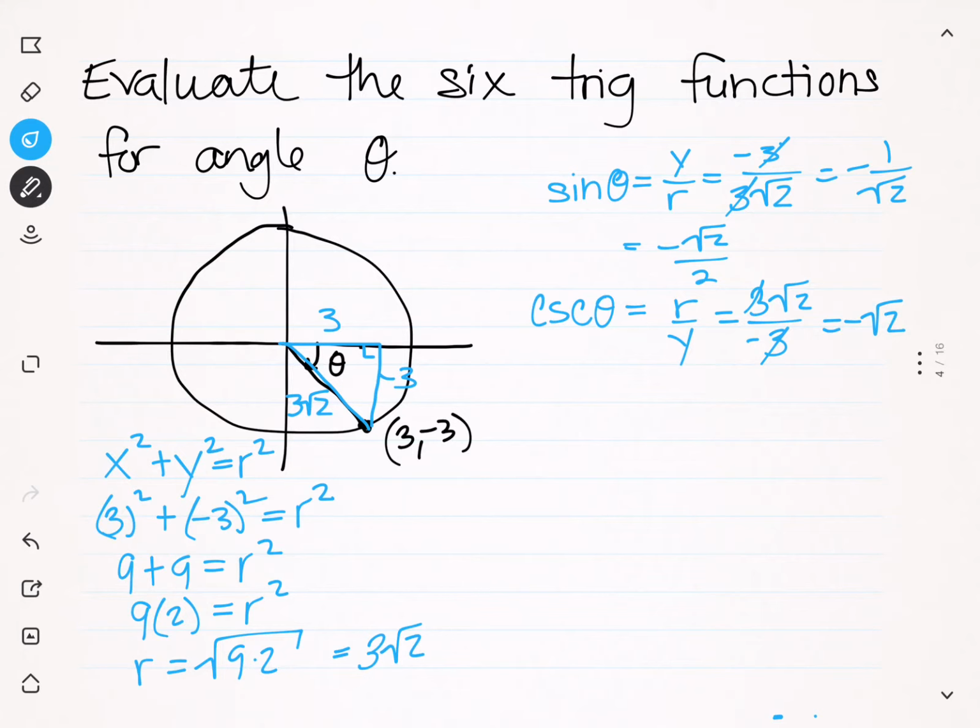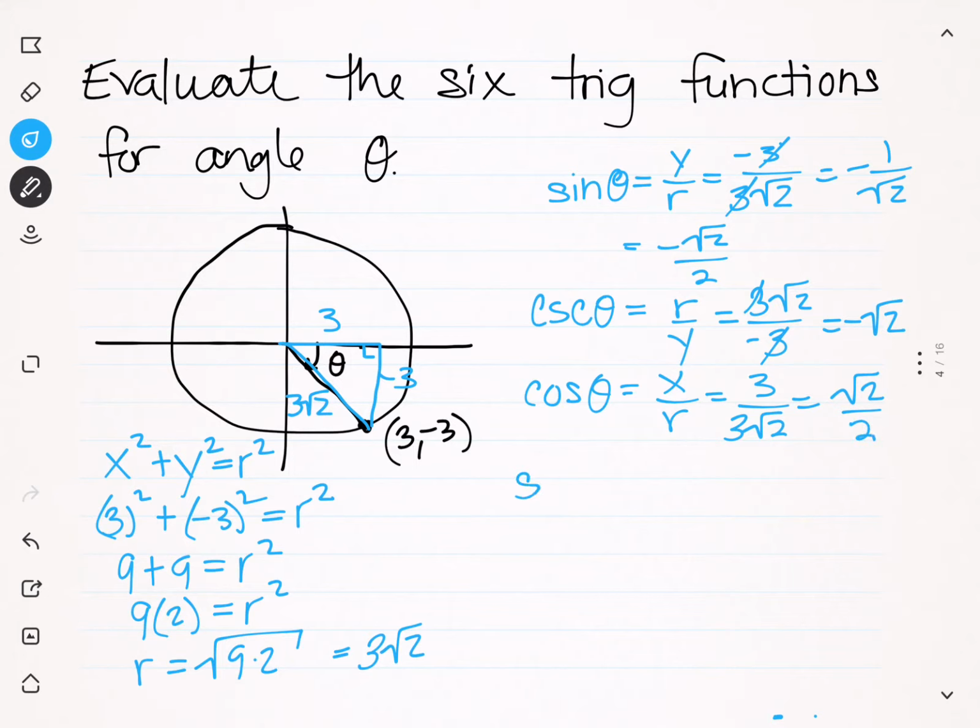The cosine of angle theta is x over r, and that's going to give us 3 over 3 root 2. That's really similar to the sine, except we don't have the negative sign. We did negative 3 over 3 root 2 for the sine, but cosine is positive 3 over 3 root 2. So simplified, that's going to be root 2 over 2.